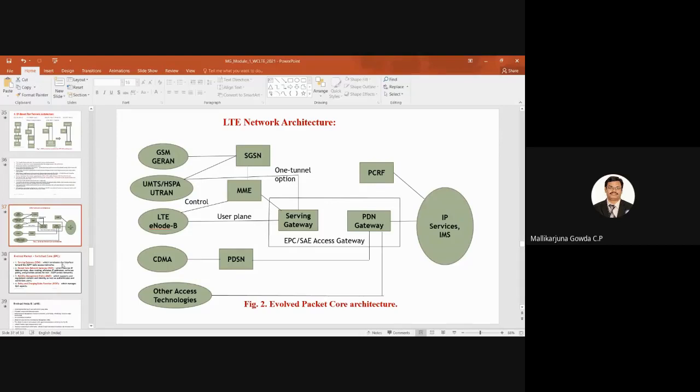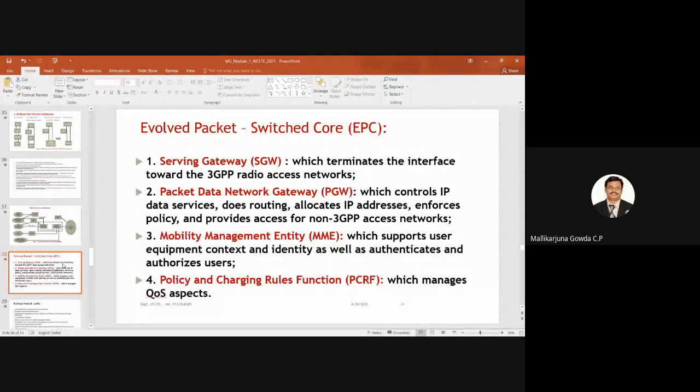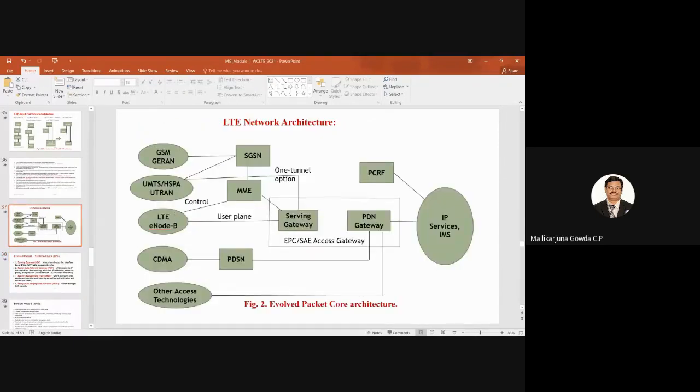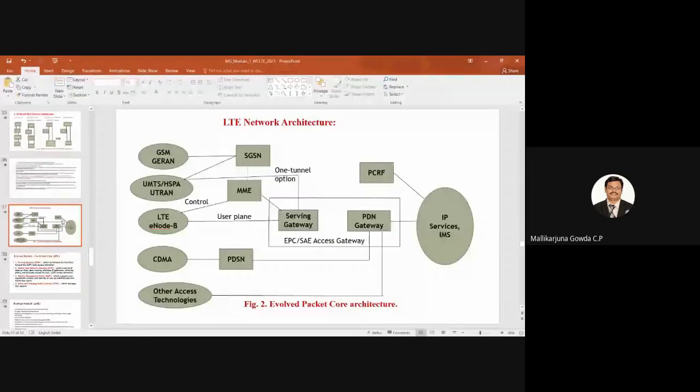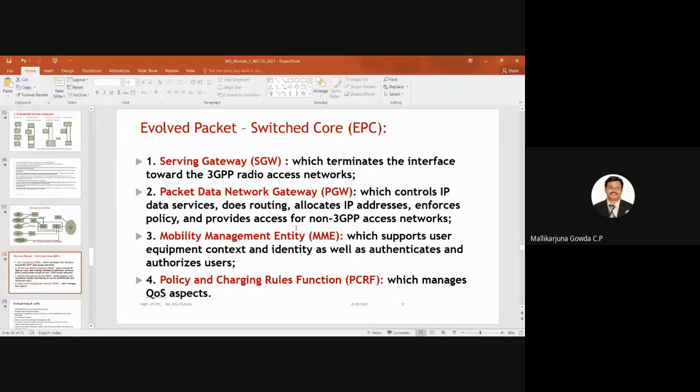That is the meaning of that. So serving gateway terminates the interface towards the 3GPP radio access networks, which are these things, one is E node B. The next one is packet data network gateway, that is P gateway we say, or PDN gateway also. Here it is written PDN gateway, or in short P gateway. So this P gateway or PDN, public data network gateway, controls IP data services.